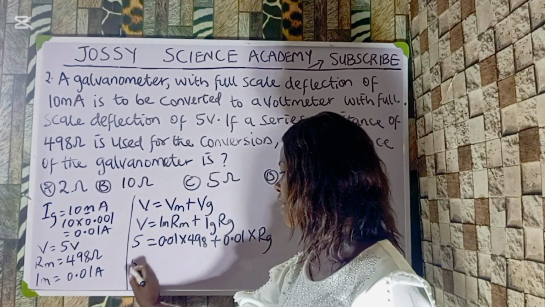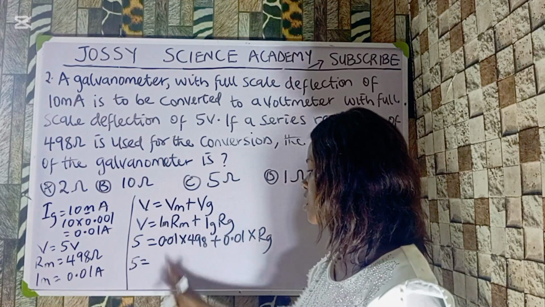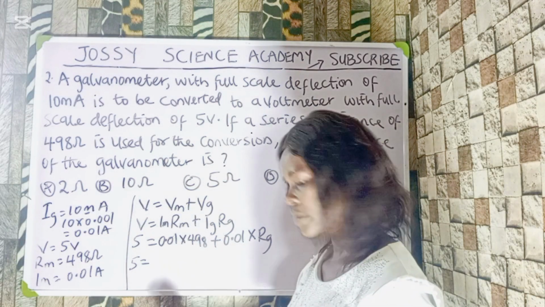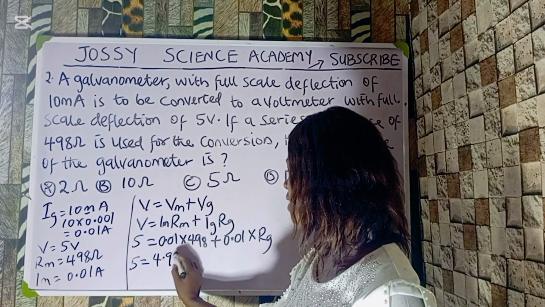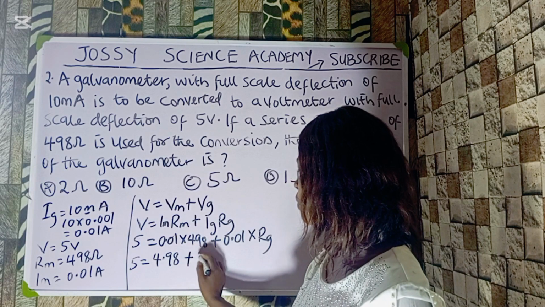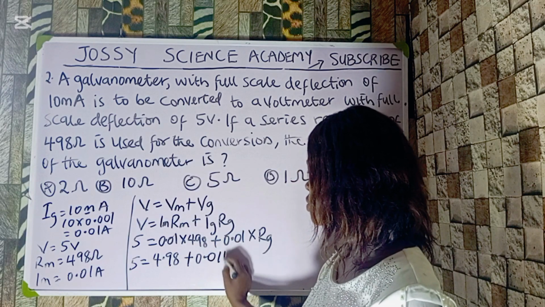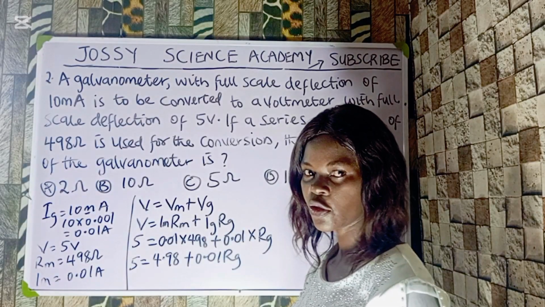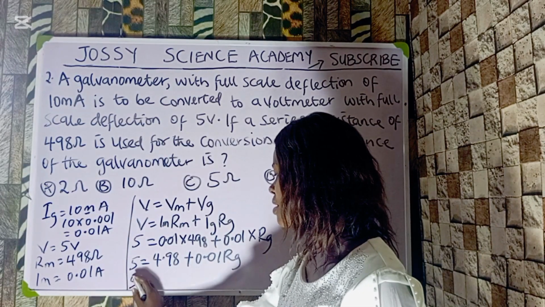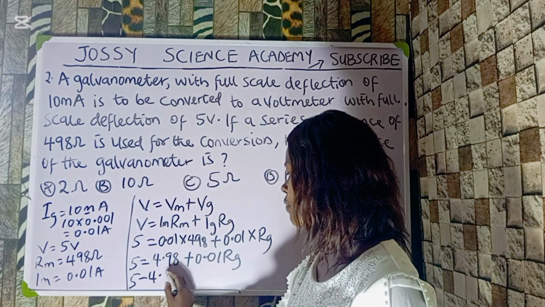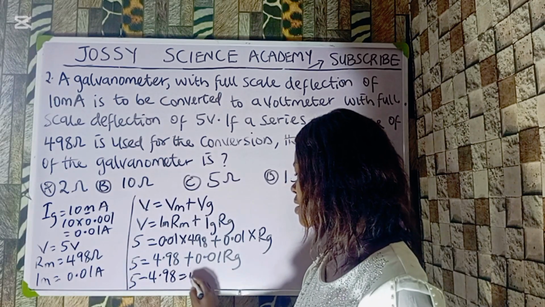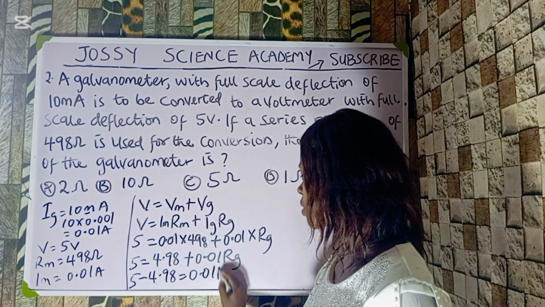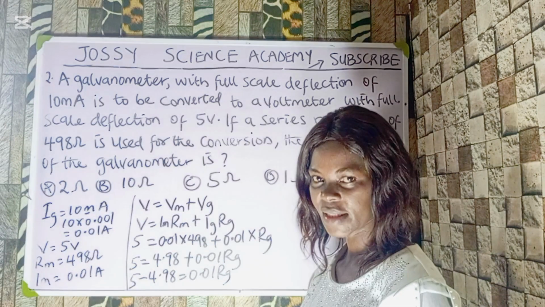Let's go. 5 is equal to, this multiplied by this gives us 4.98, plus 0.01 Rg. Now if you take this one to the other side, you change the sign by saying 5 minus 4.98 is equal to 0.01 Rg. Is that clear?